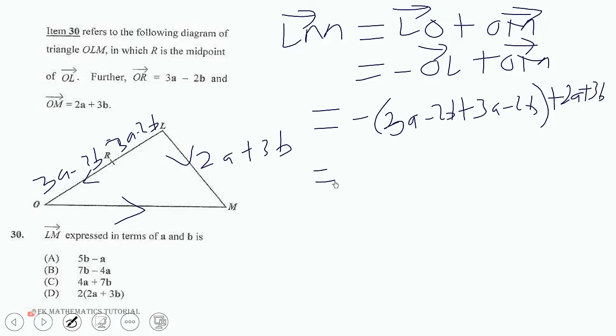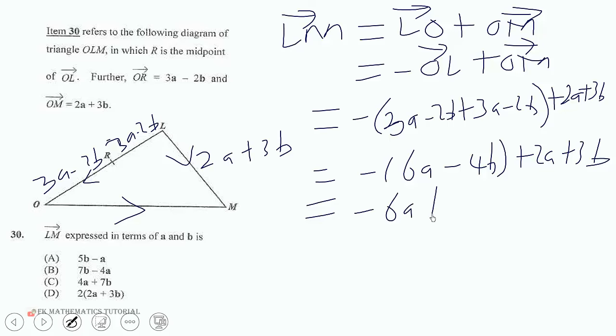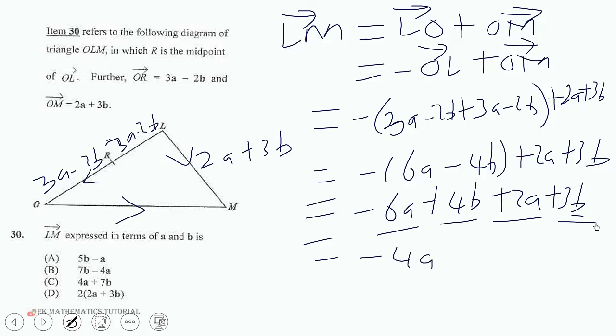So that will be equal to negative of 6A minus 4B plus 2A plus 3B. So this will be equal to negative 6A plus 4B plus 2A plus 3B. Negative 6A plus 2A is negative 4A. Then 4B plus 3B is 7B. So negative 4A plus 7B, or 7B minus 4A.